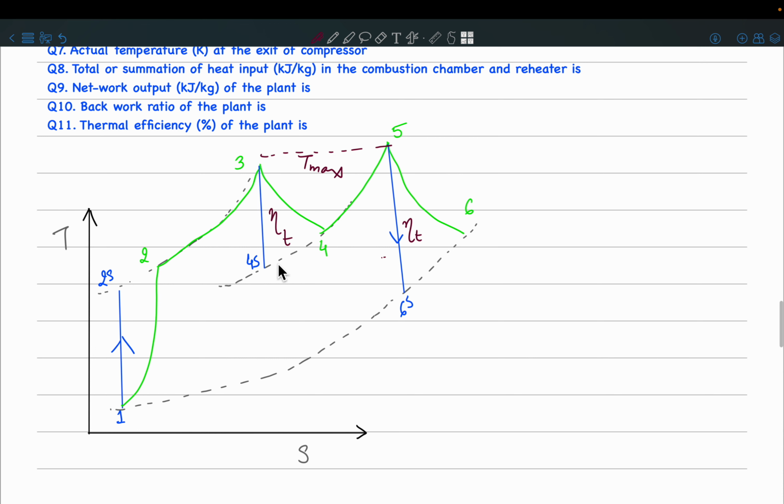But now because there are real processes involved and there are some losses, this particular state is not going to remain the same, right? So 5 to 6s, I do not expect it to be the same. Are you understanding that? So 3 to 4s and 5 to 6s, I don't expect it to be the same. It might turn out to be in this case because the efficiencies are same, but ideally you should not assume anything like that, and especially if all the information is given, it's best to just do the calculation.